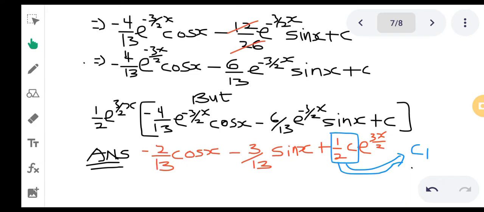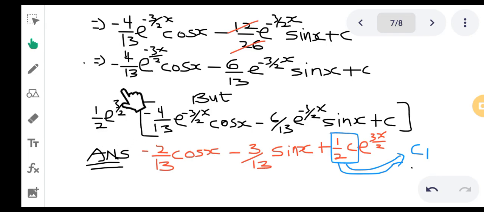Then half times minus 4 over 13, you are going to get minus 4 over 26, which is the same as minus 2 over 13, because 2 goes into 4 twice and into 26, 13 times. Then half times 6 over 13 gives 6 over 26, and 2 goes into 6, 3 times, and into 26, 13 times, so 3 over 13 sine x.